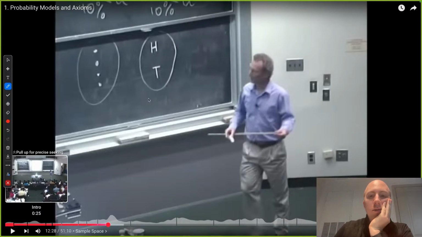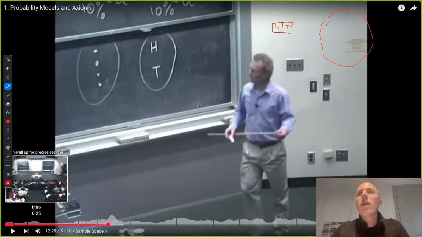It's kind of weird to view the sample space like that. Usually we don't do it like that. It's almost like you have a discrete sample space where you have these square things, heads and tails, or you have a continuous sample space where, I guess, this is the event heads, and this is the event tails.